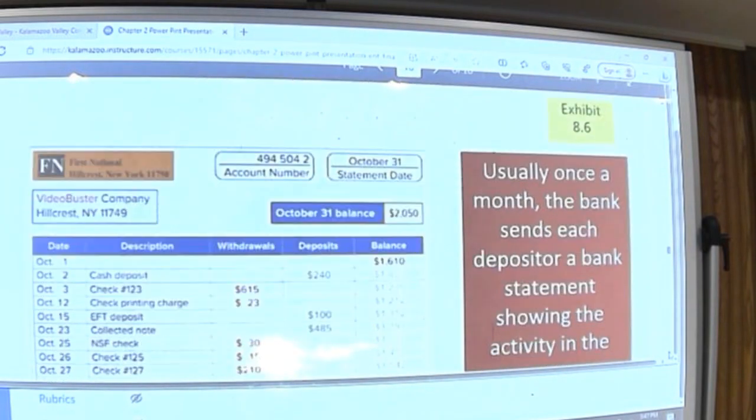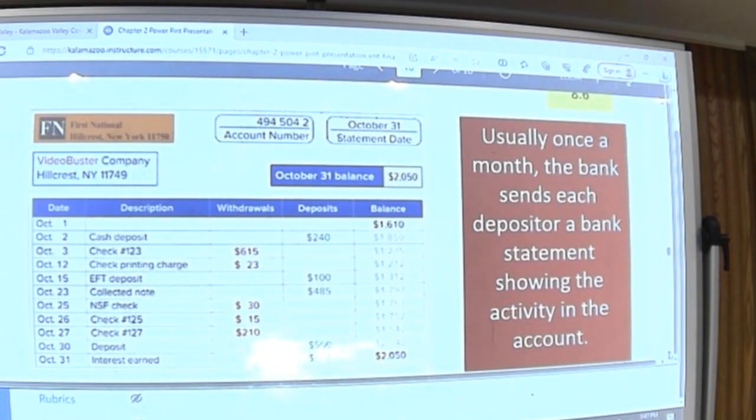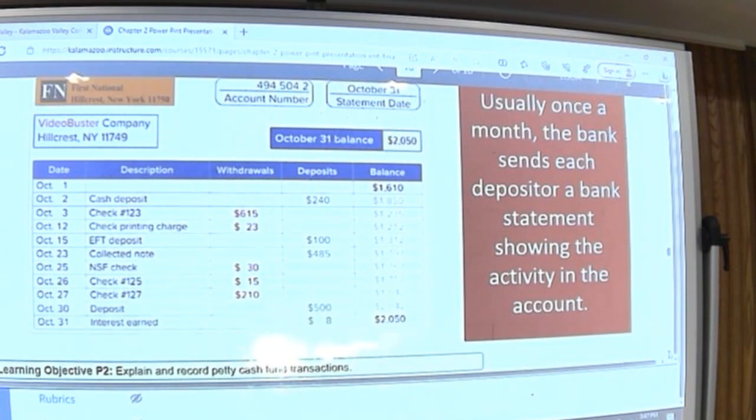Bank statement, I'm sure you've seen all of these things, but maybe it doesn't hurt to just go over them. There's your beginning balance on October 1 and your ending balance on October 31, way down at the bottom there. In the withdrawals column, you can see that we've got a check printing charge.